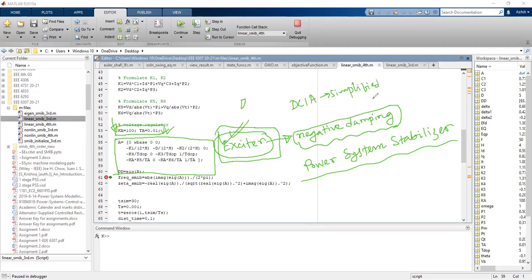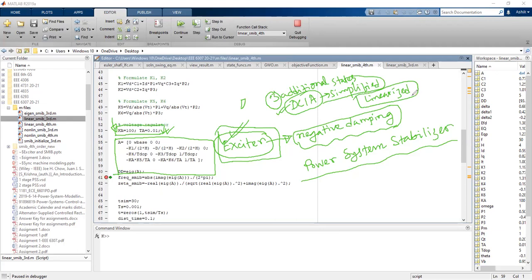In between, we also showed how to initialize this. We got three additional states, and we discussed a little how we can initialize those state variables for this DC1A model. That was again nonlinear, so we linearized it.